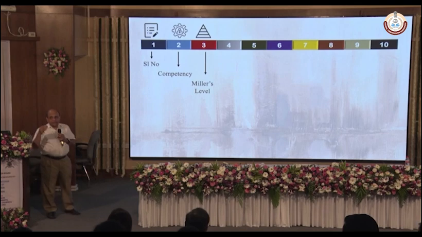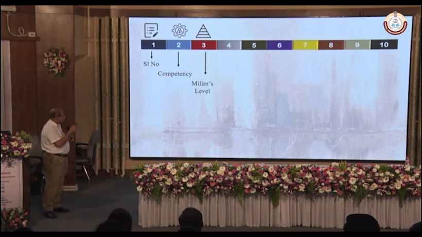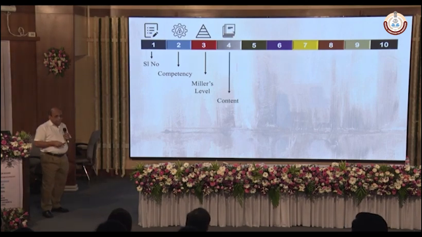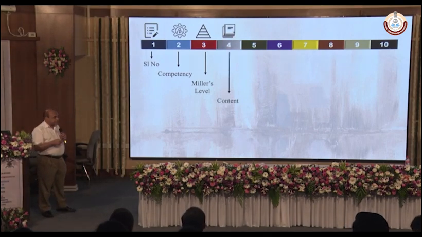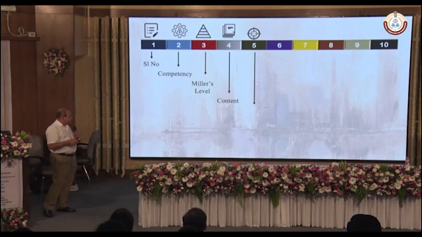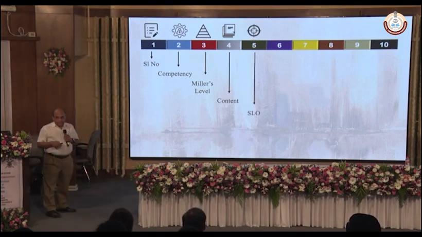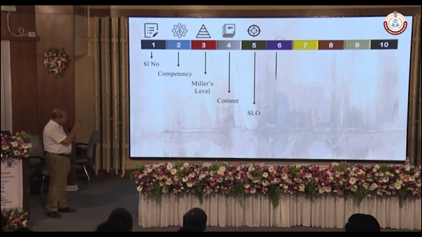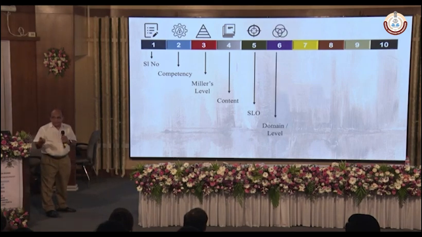There you will see K, KH, SH, D. Then you have the content, what subject matter is given in the next column. And this subject matter is further written as SLO, the specific learning objective. Those statements are written, and the description of the statement at the Bloom and Gilbert level, A1, A2, A3, whatever that is given there.